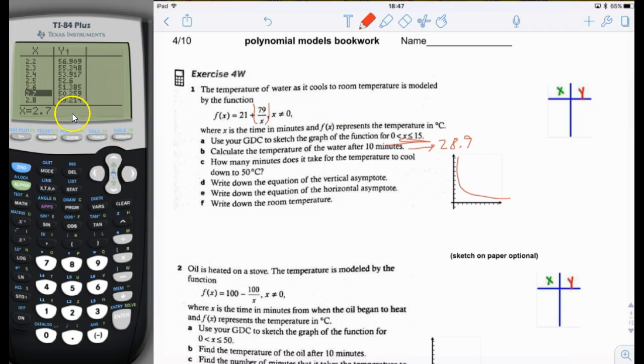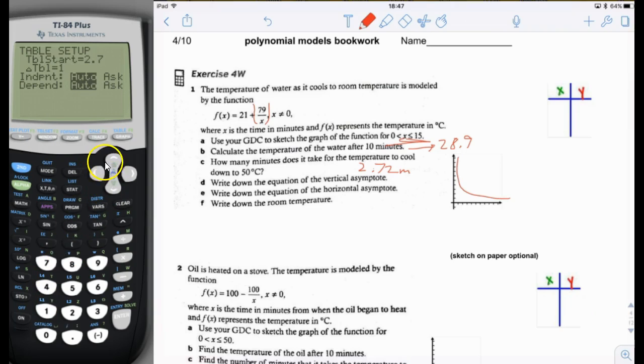And let's say we want to know even more precisely, so we'll change to 0.01, and then we can see that actually 2.72 is closer. Okay, so we'll put 2.72 minutes.